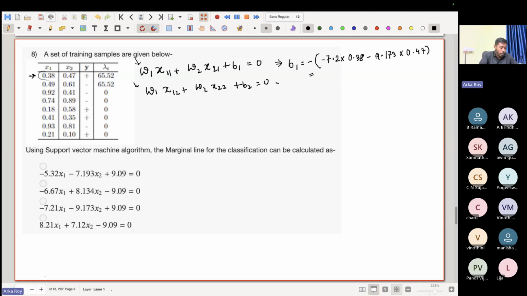So after you do all these things, you will get the equation.